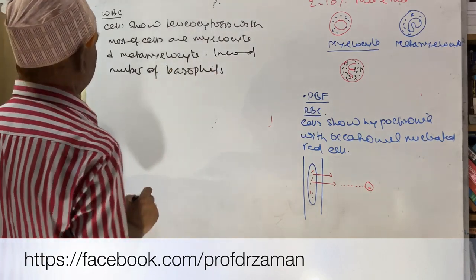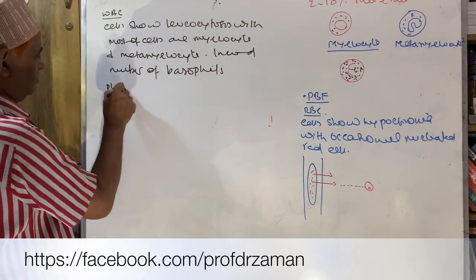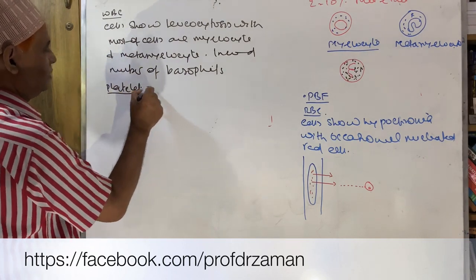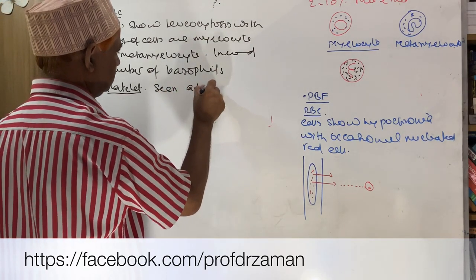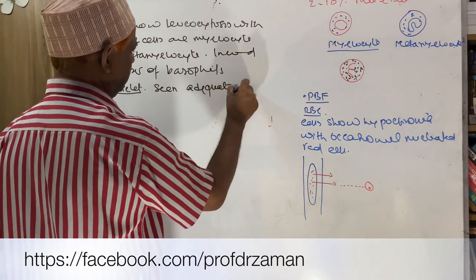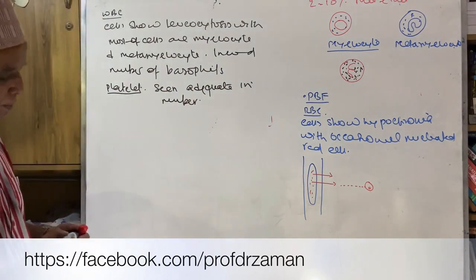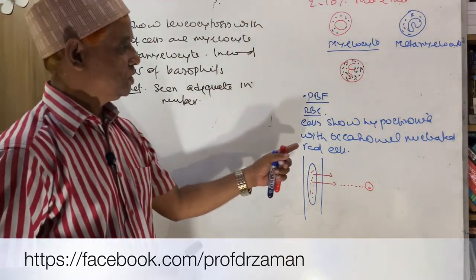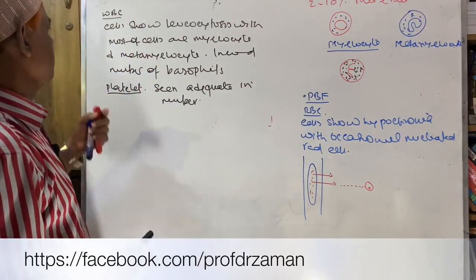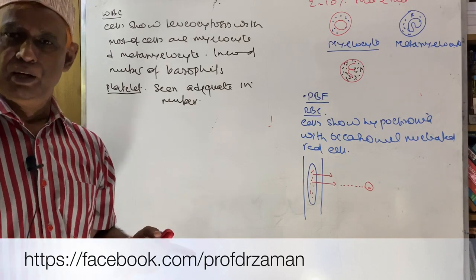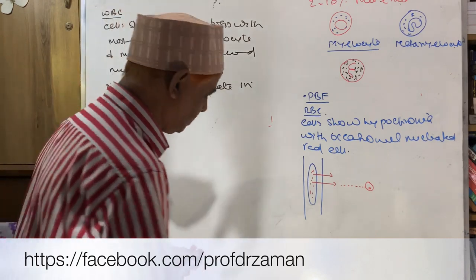So this is the WBC series of CML. Then platelets are seen adequate in number. So in the peripheral blood film of CML, the RBC series show hypochromia with occasional nucleated cells. The WBC series cells show leukocytosis with most of the cells being myelocytes and metamyelocytes, and an increased number of basophils. Platelets are seen adequate in number.